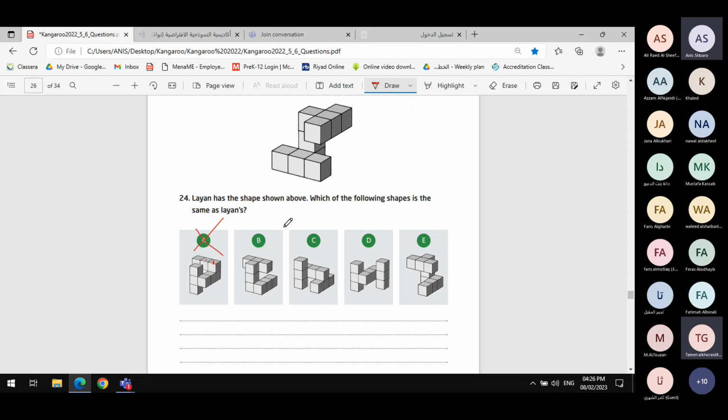Then B, I think it might be correct. Okay, let's check one by one. B. When we switch our shape above, it will still have the same. Or we can say simply, sorry, this one is attached here, not here, not in the middle. So no need for it.